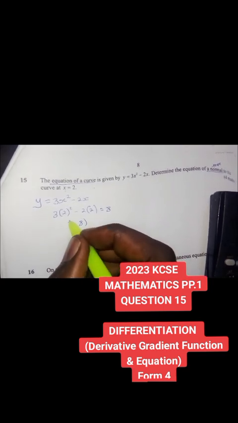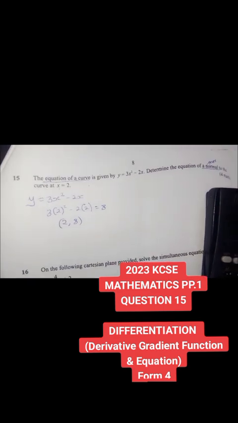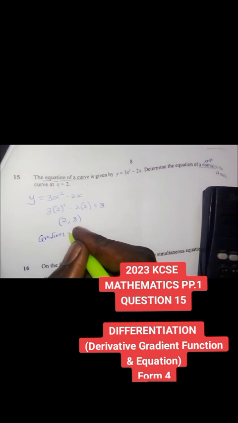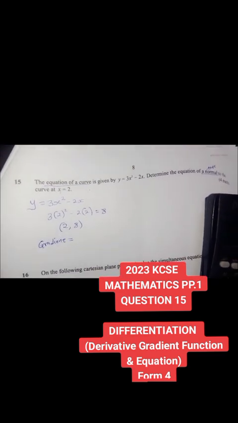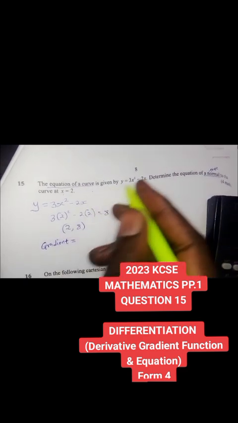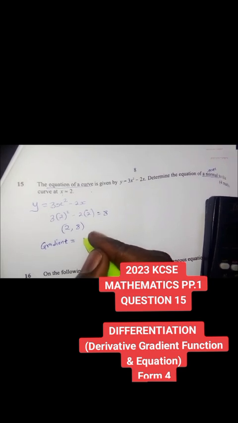Then the next thing is to find the gradient. And how do I find the gradient? In curved equations, I'm supposed to differentiate the equation here. So to differentiate, I'm going to take the change dy over dx.